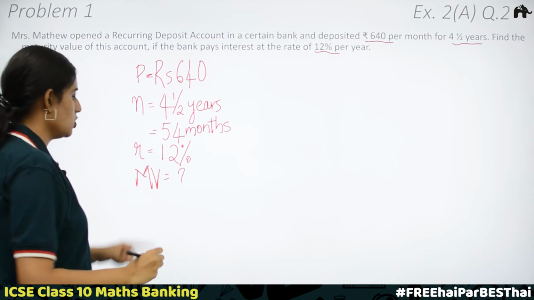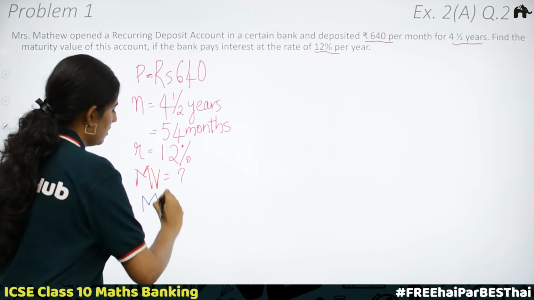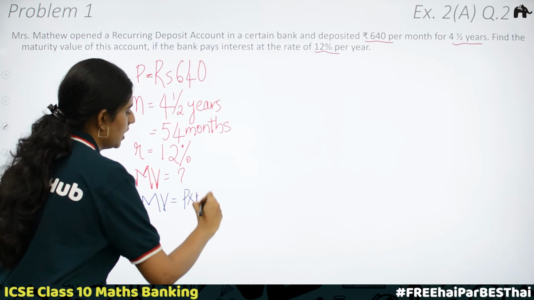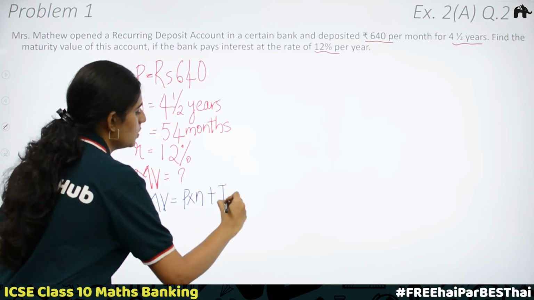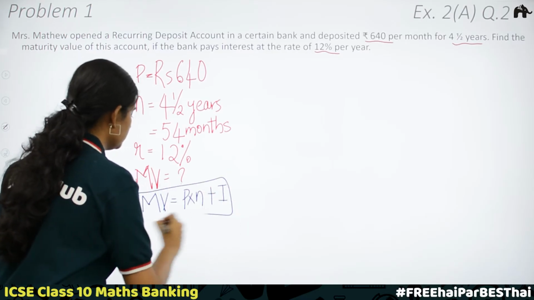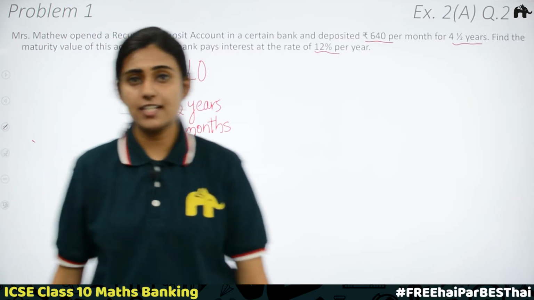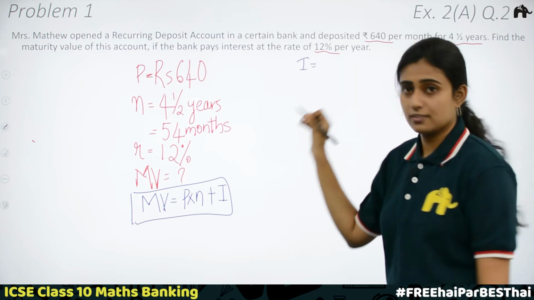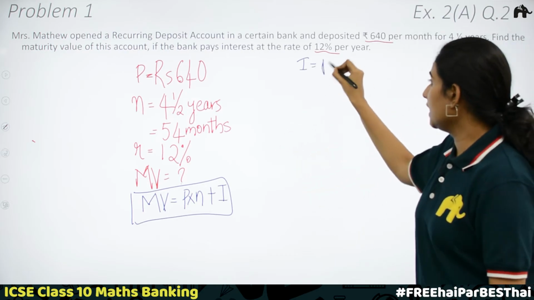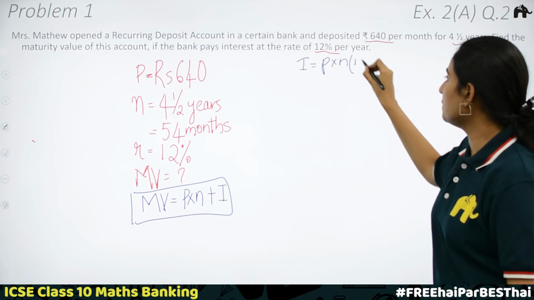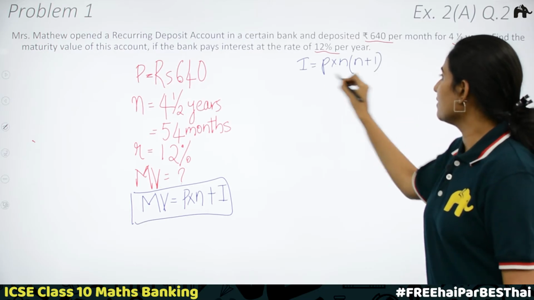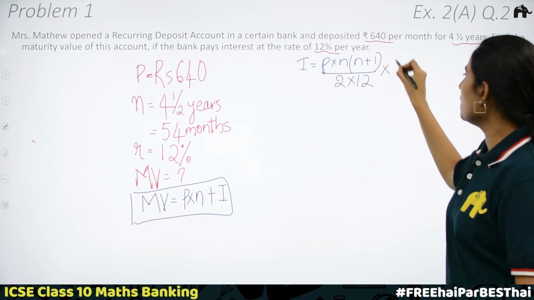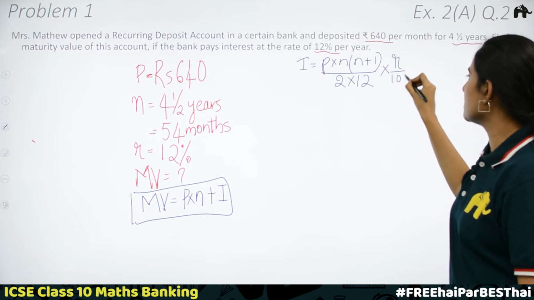To calculate maturity value, we need to find the interest because maturity value is equal to P into N plus I. How do you find interest? Interest I is equal to P into N plus 1 divided by 2 into 12 into R divided by 100.